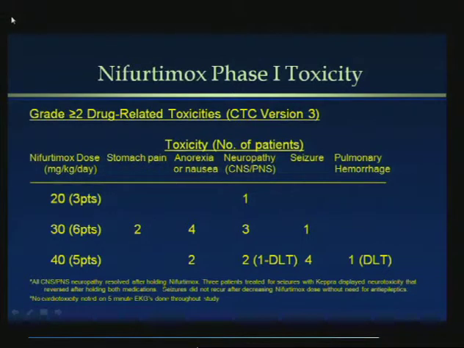One neurologic, which again makes sense given the data in terms of increased free radical formation in neuronally derived cells, but one pulmonary hemorrhage that was actually probably related to necrosis of tumor, but still was a toxicity. We went back to 30 milligrams per kilo per day, which was determined to be our maximally tolerated dose.